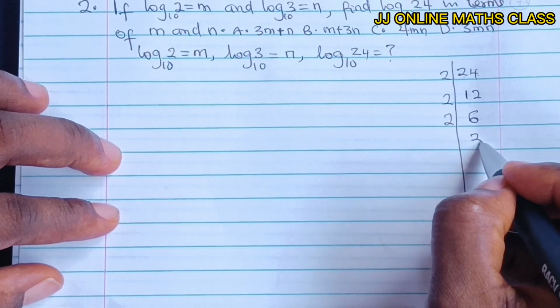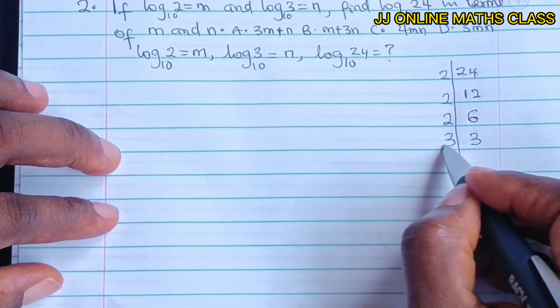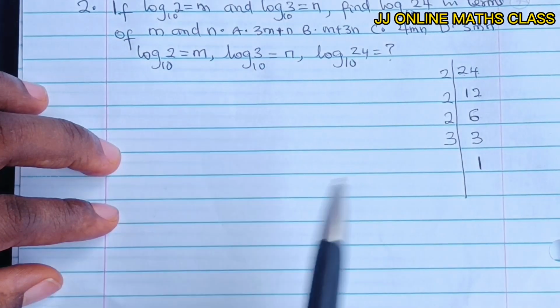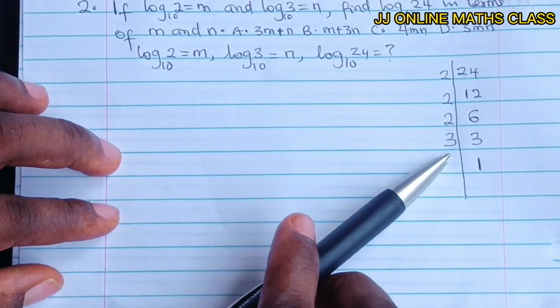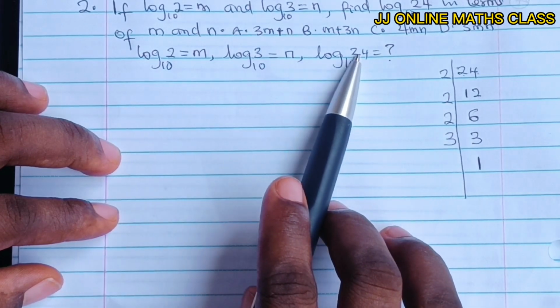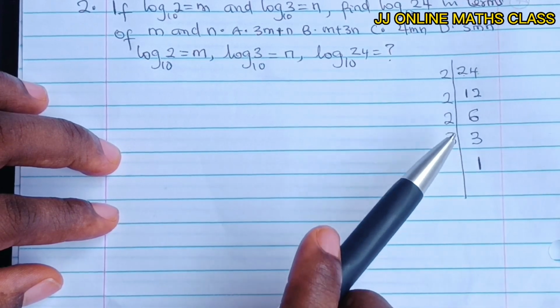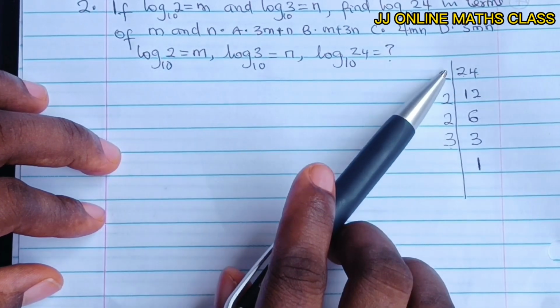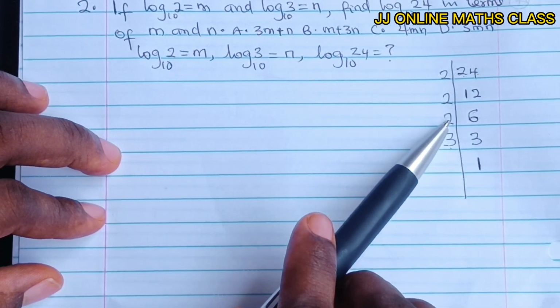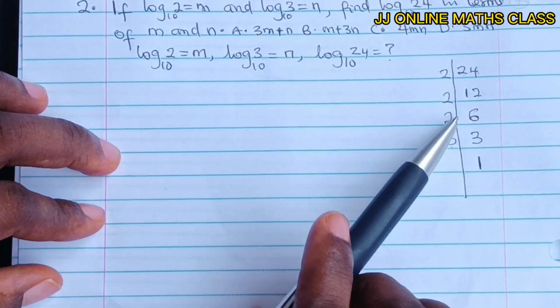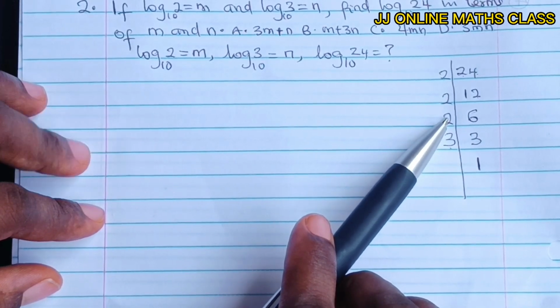If 2 divides 6, we'll have 3. Then 3 divides 3, we have 1. That means in terms of 2 and 3, we can express 24 as 2 times 2 times 2 times 3. Now, 2 times 2 times 2 is the same thing as 2 to the power of 3.